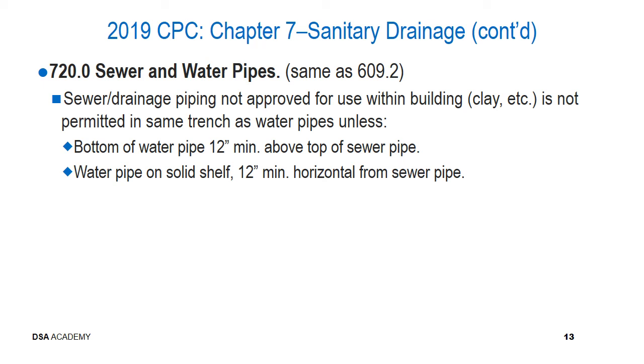And in the event that either the water pipe or the sewer pipe is made of materials that is not acceptable for use above ground inside of a building, then the standard requirements for separation apply.